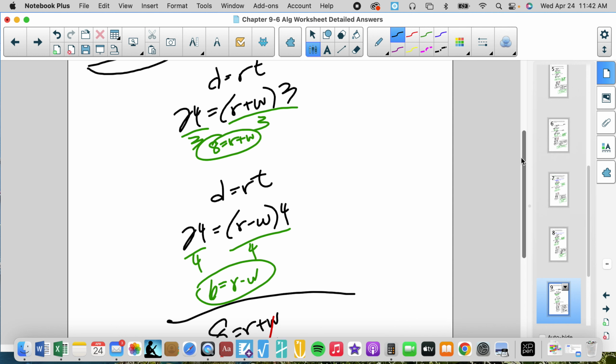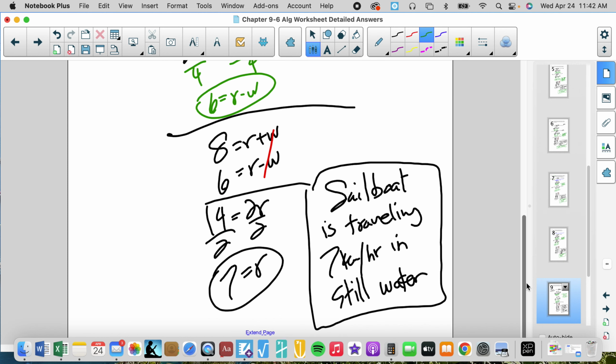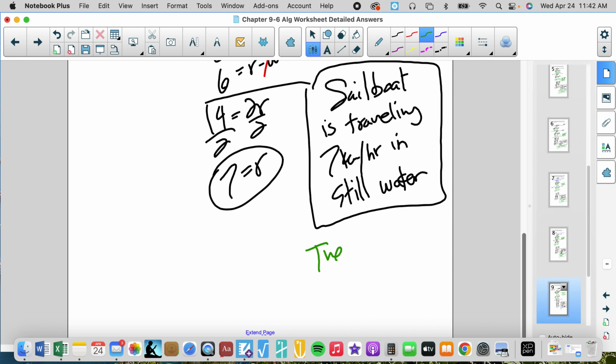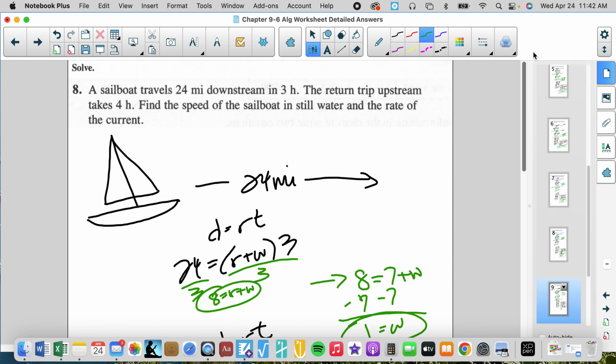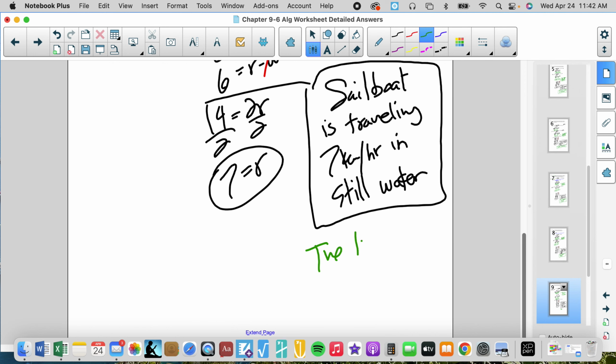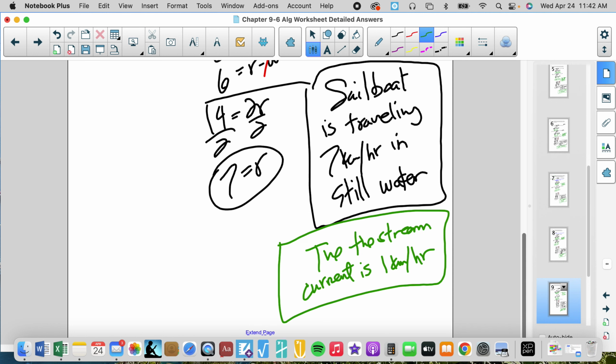So 8 equals 7 plus W, minus 7, minus 7. 1 equals W. So the stream current, or you can just say the stream, is 1 kilometer per hour.